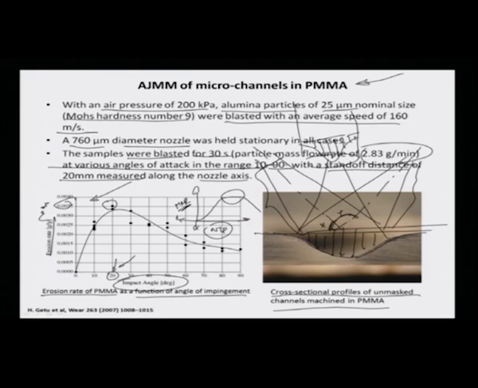So that is how AJMM has been used in this particular case for working on polymethyl methacrylate. Now there are several other examples. In the interest of time, this lecture needs to be finished now, but there are several other examples of use of powder blasting or abrasive jet machining or water jet machining techniques for microsystems fabrication or processing.